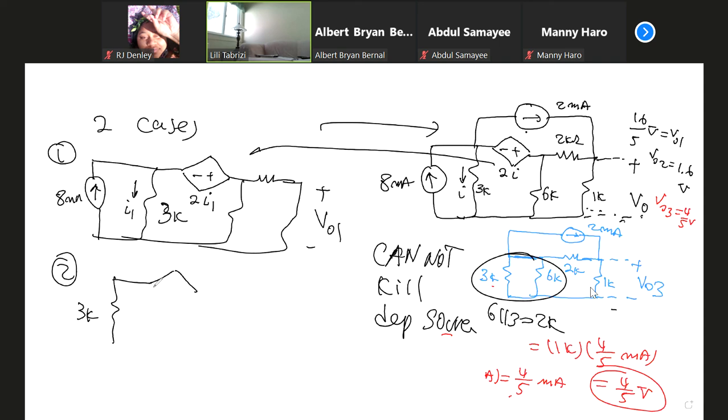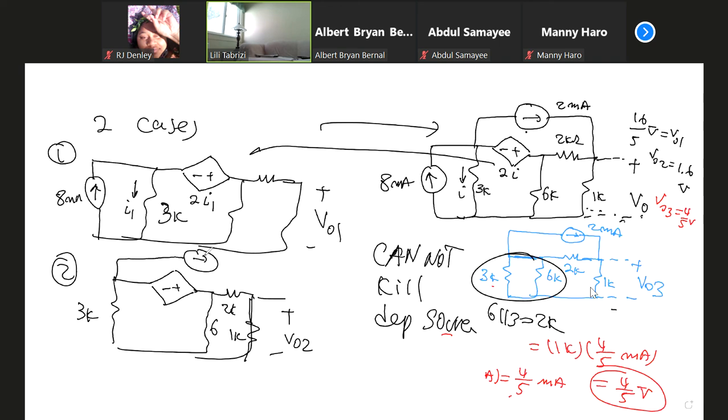You still keep the dependent source, 6K, 1K, plus or minus VO2, 6K, 2K, 3K, and then from 3K you keep the current source here, 2 milliamp. Remember, you call this I2, and this is 2I2. You have to keep the dependent source.